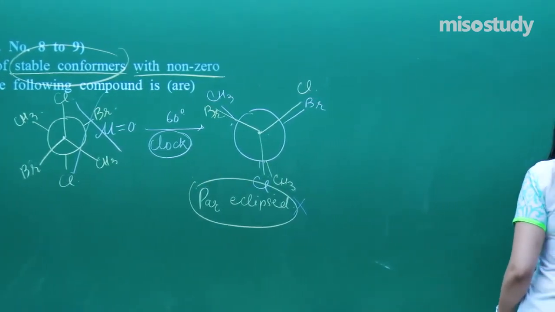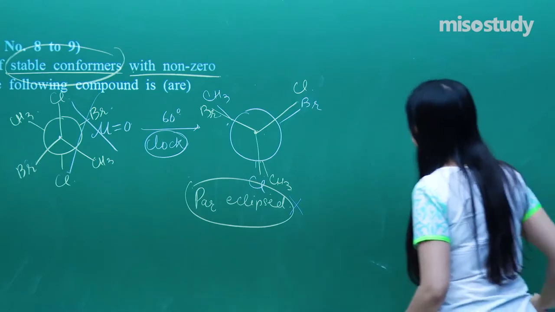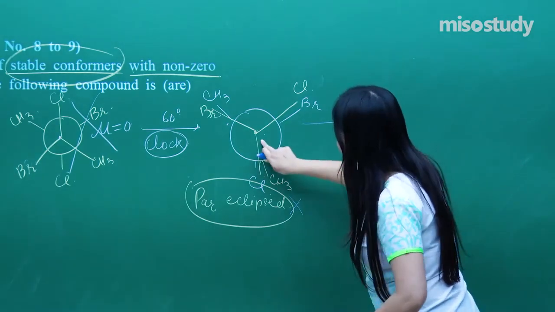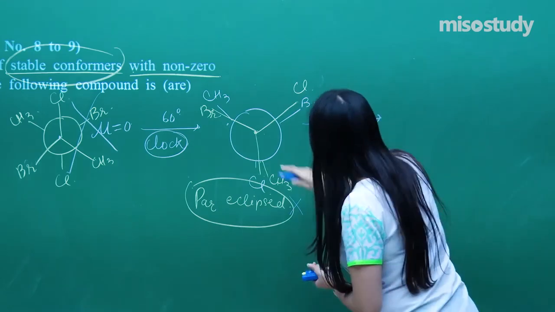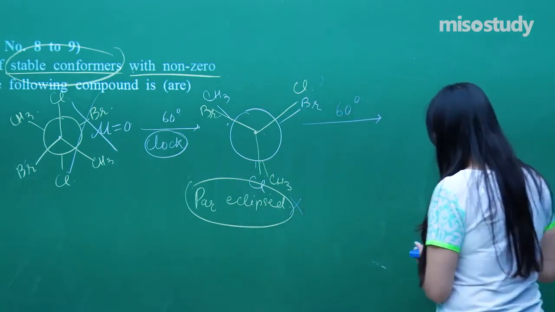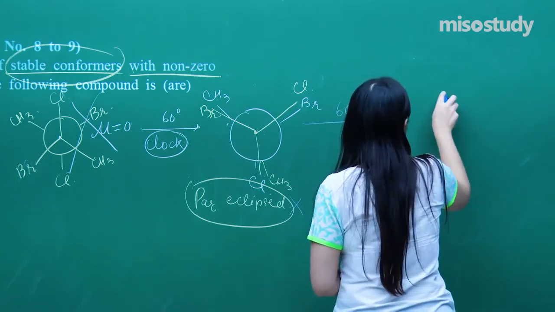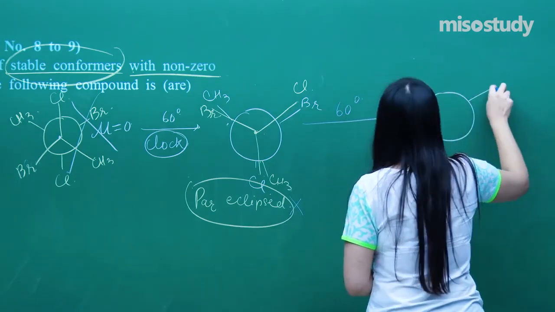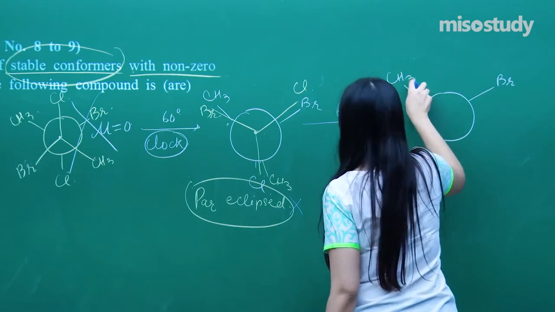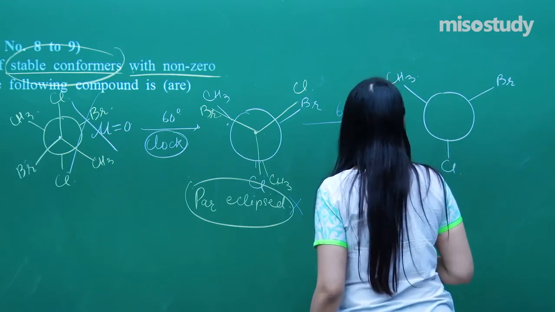So another 60 degree rotation will be again fixing the back carbon and rotating the first one, the one towards you. Like that.